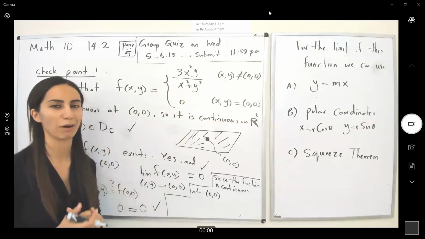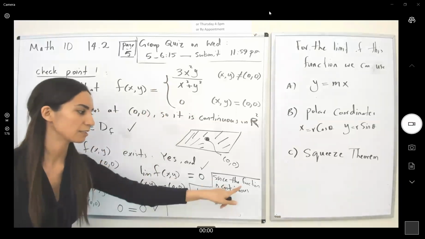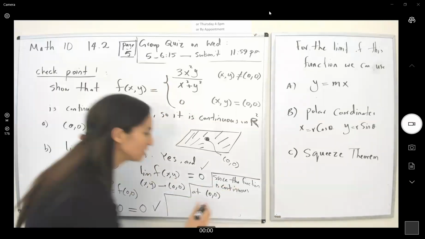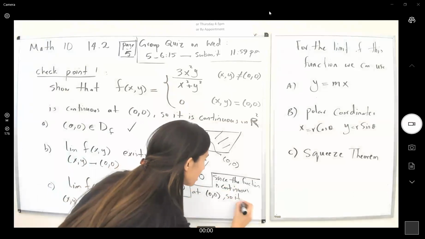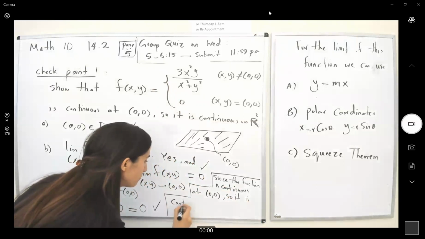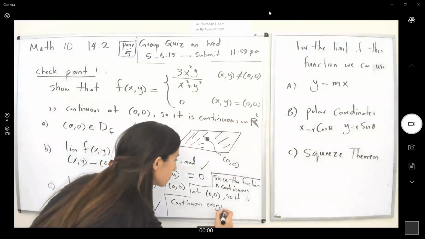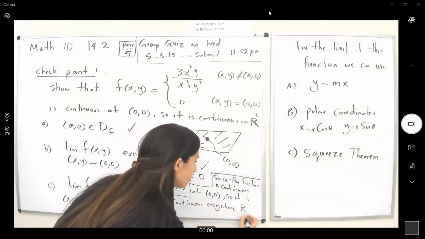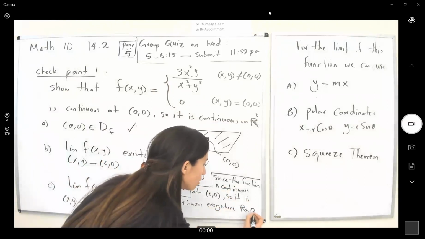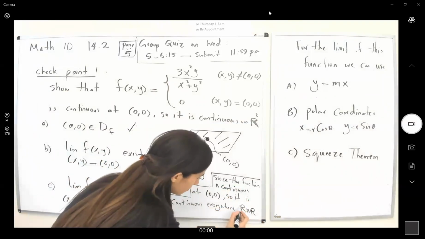You don't have to worry about the rest of the points. It's going to be just the origin. Since the function is continuous at the origin, it is continuous everywhere, R cross R or R squared. Here we go.